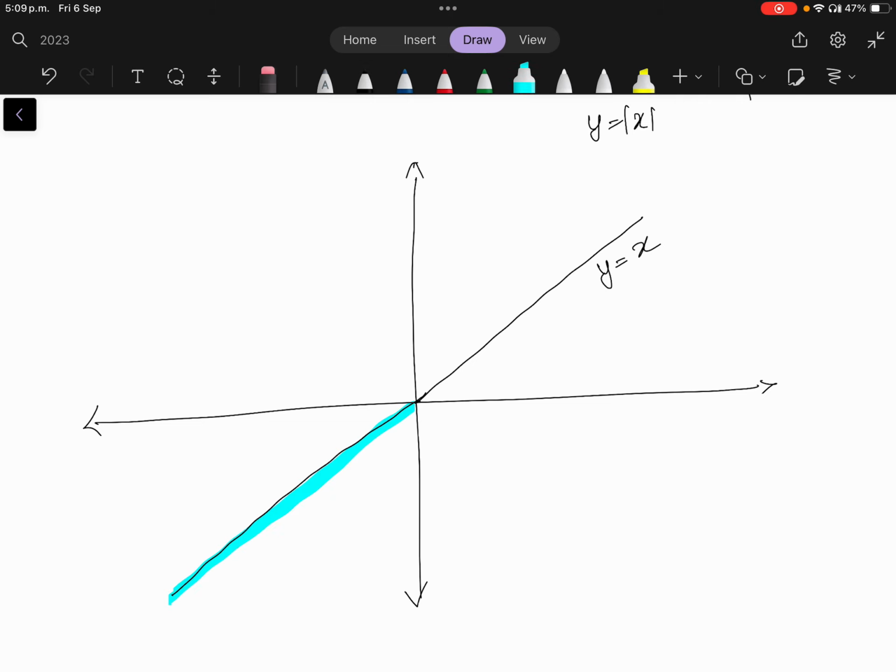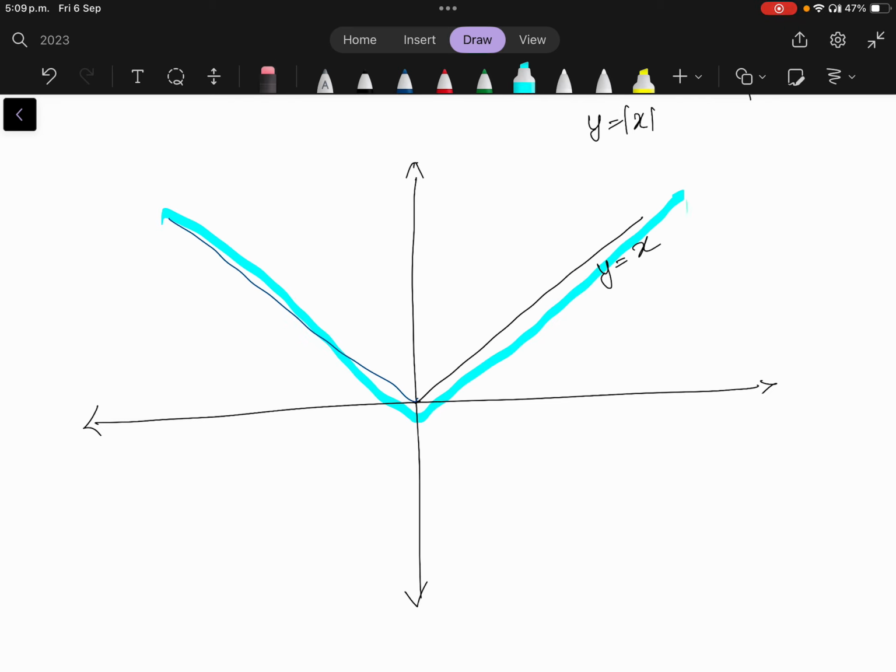You don't need this portion, but rather you have to draw a reflection here. So then that will be this portion. So y is equal to modulus of x is this one. So this and this, that is y is equal to modulus of x.